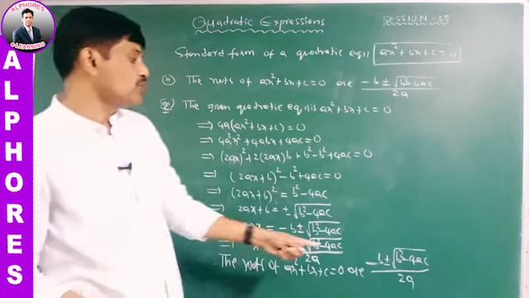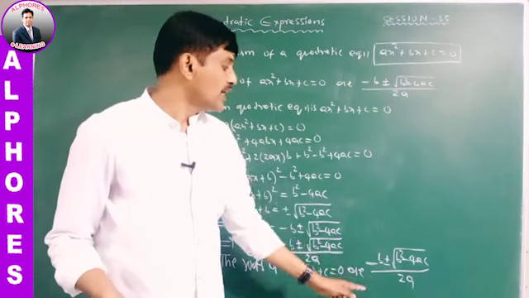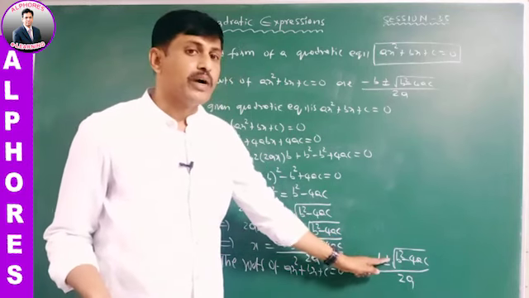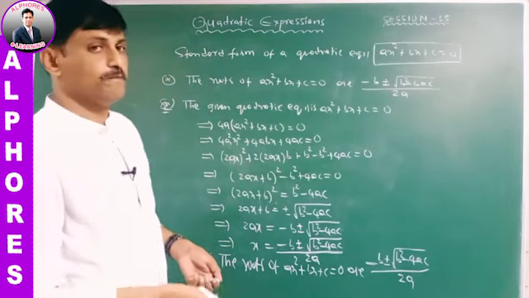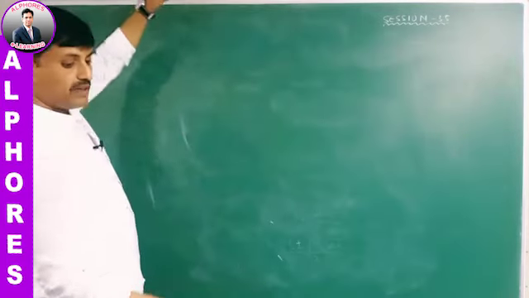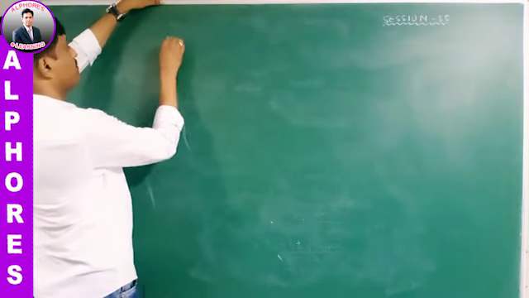Here we have 2 roots: (−b + √(b² − 4ac)) / 2a, and the other is (−b − √(b² − 4ac)) / 2a. Alpha and beta are the 2 roots of ax² + bx + c = 0.